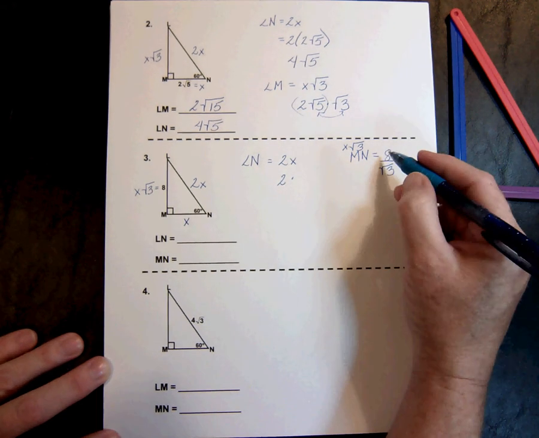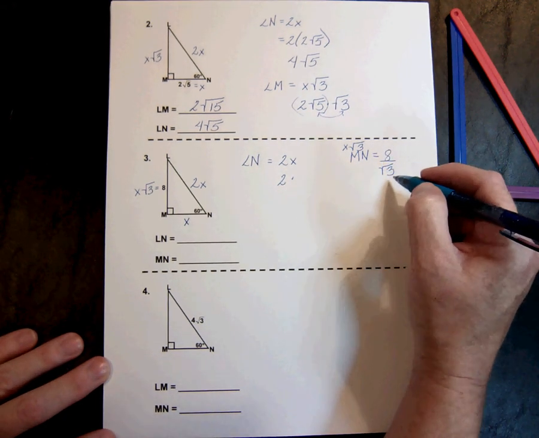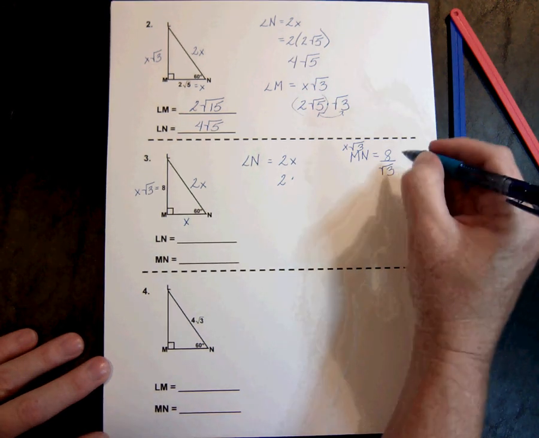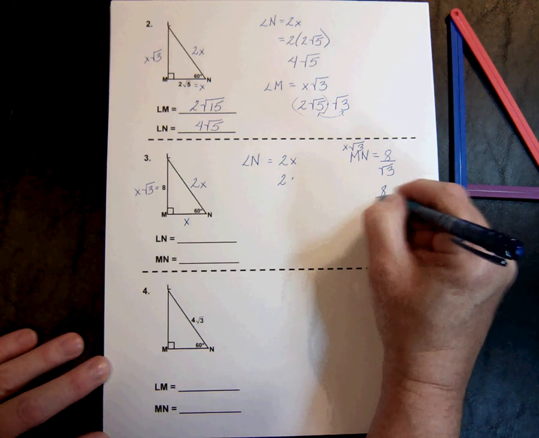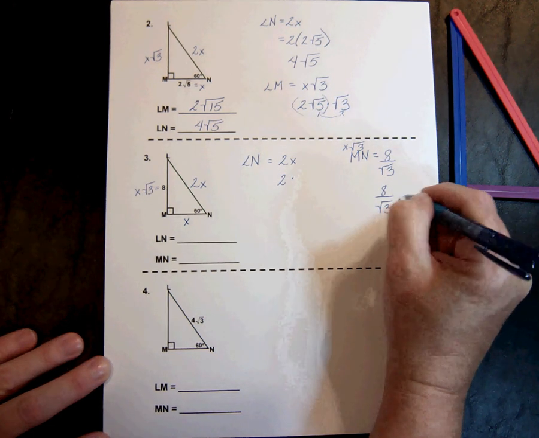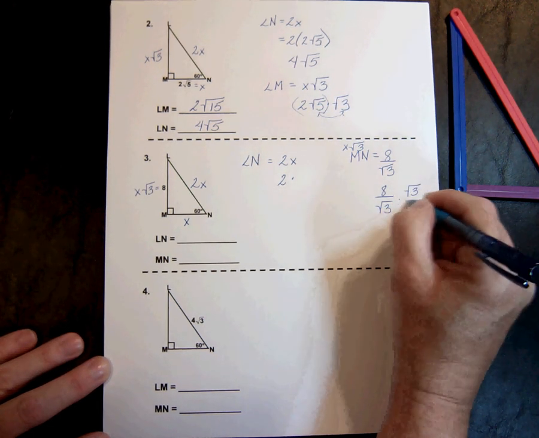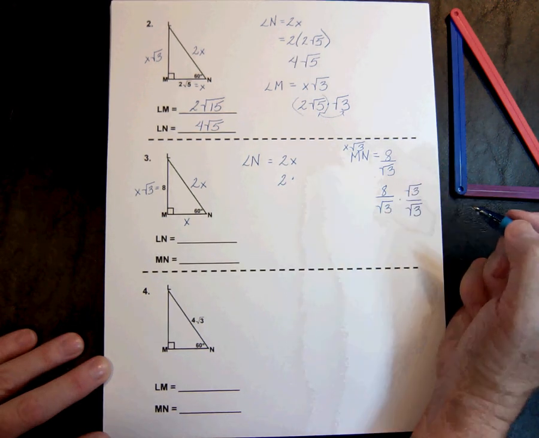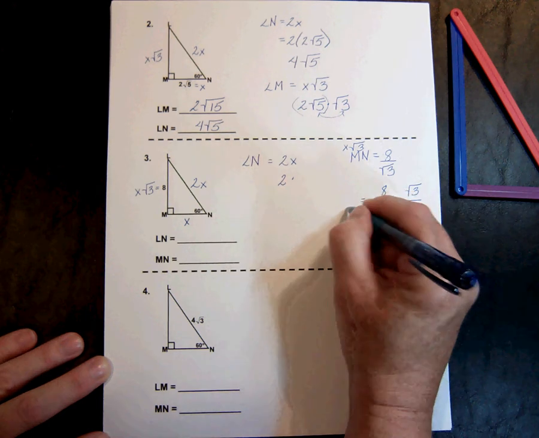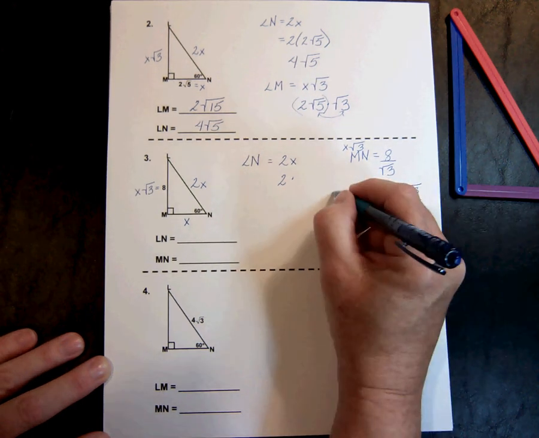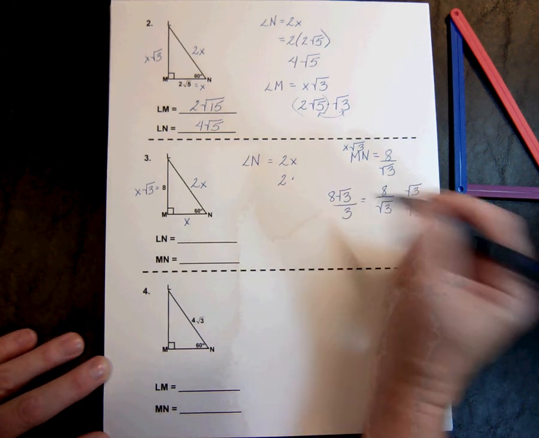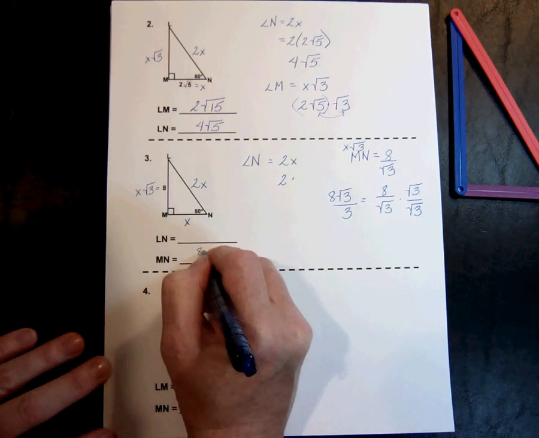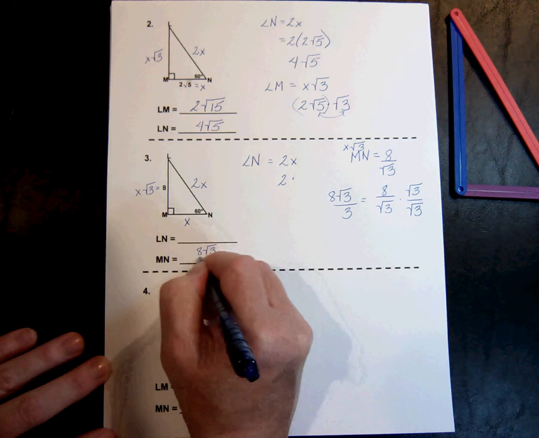So you've got 8 over square root of 3. Remember, we don't want a square root in the denominator, so you're going to multiply by a square root of 3. This is a product of 1, anything over itself, so I'm really just multiplying this by 1. This becomes 3, and this is 8 square roots of 3. So now that I have my Mn, 8 square root of 3 divided by 3.